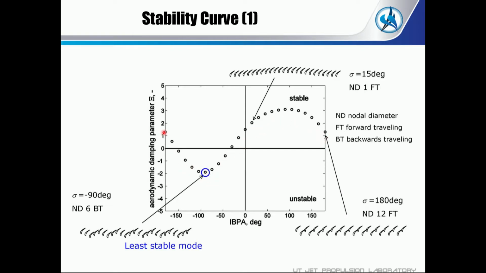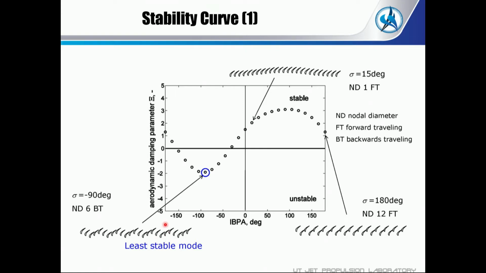Sometimes it's called an S-curve. In this expression, if the aerodynamic damping is negative, it's an unstable situation, and if it is positive, it's a stable condition.